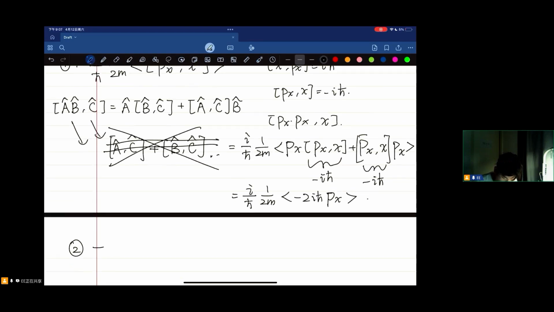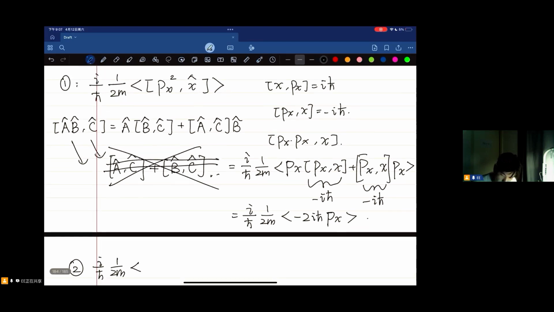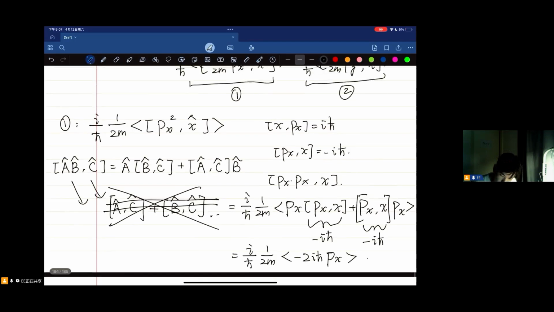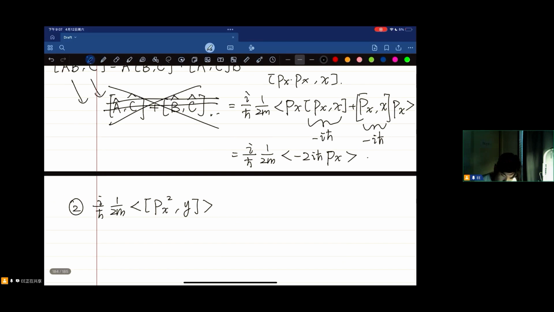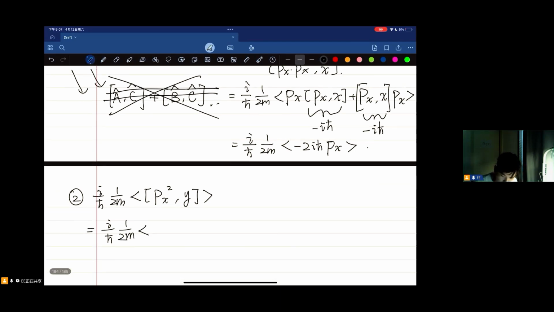Here we have, again, the same constant, and also py squared with x. Everything is the same, and we use the ABC rule again.